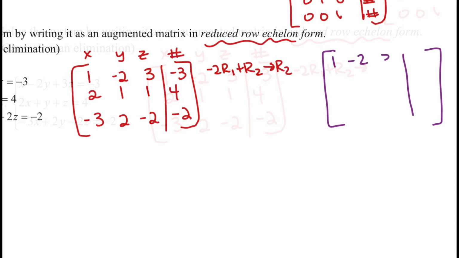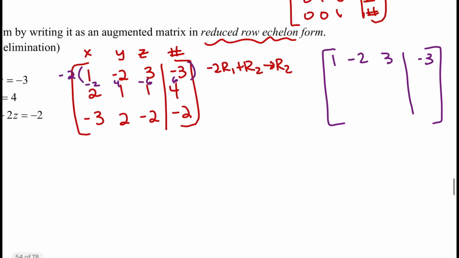We will keep that first row the same. So I'm going to multiply this by a negative 2, and that's going to give me a negative 2, a positive 4, a negative 6, and a positive 6. Then we're going to add these two rows together, and that's going to give me my new row 2.